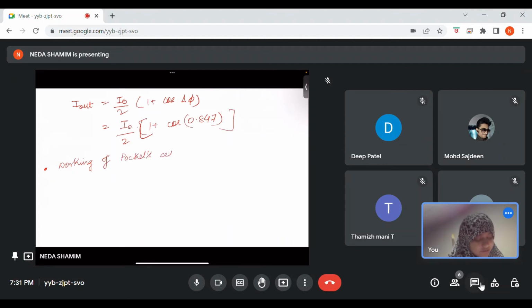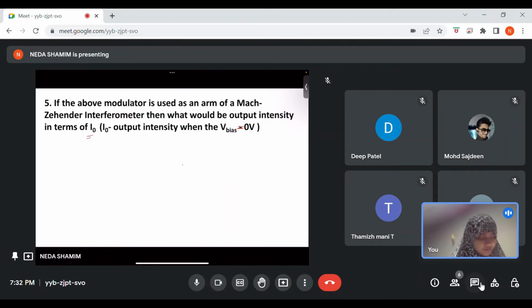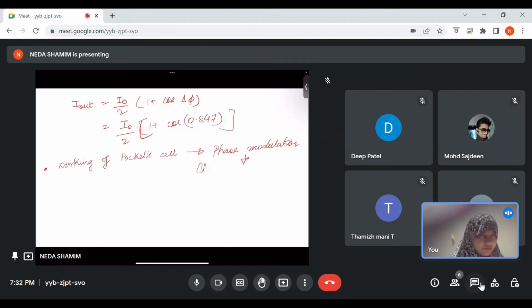Okay, so basically there is phase modulation by varying the voltage. Phase modulation is done by varying the voltage which is applied to the electrodes that are connected to your cell.